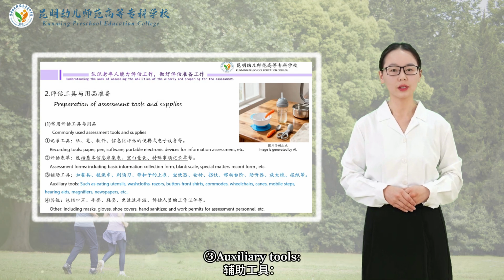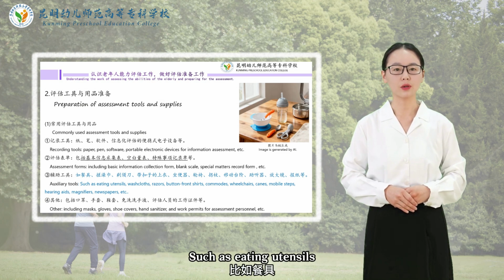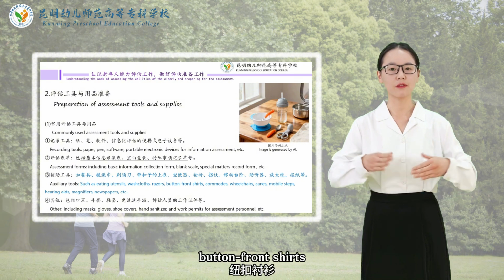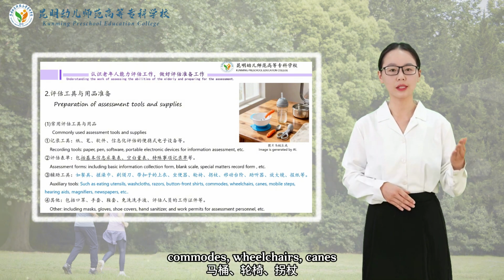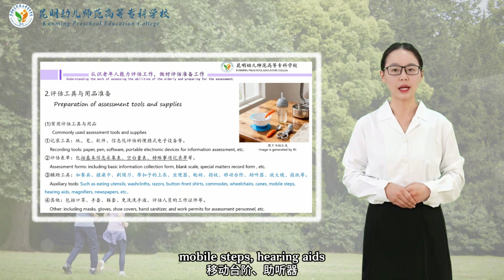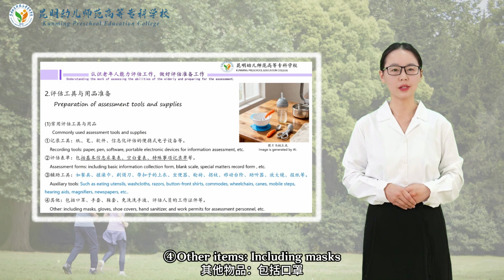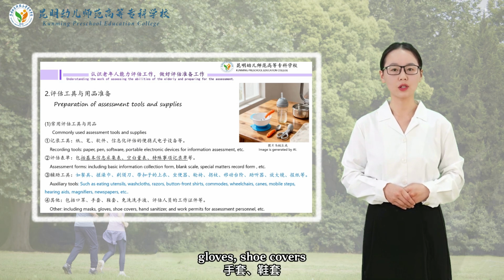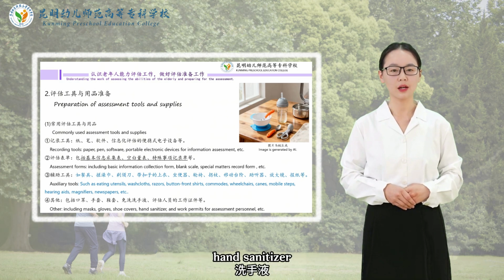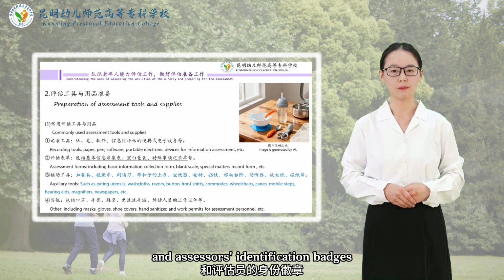Third, auxiliary tools, such as eating utensils, washcloths, razors, button-front shirts, commodes, wheelchairs, canes, mobile steps, hearing aids, magnifiers, newspapers, etc. Fourth, other items including masks, gloves, shoe covers, hand sanitizer, and assessors' identification badges.